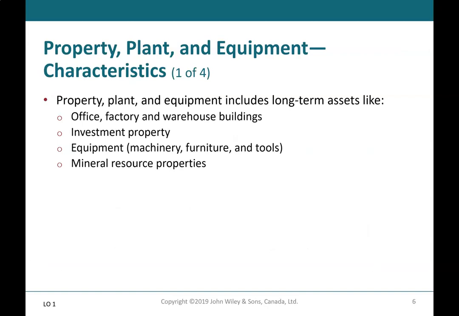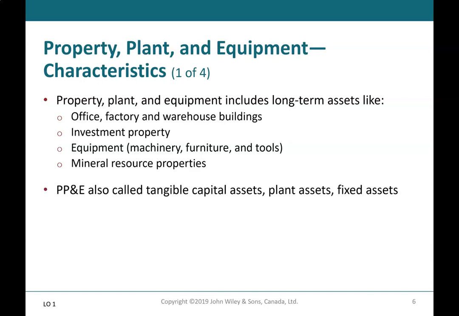Property, plant, and equipment characteristics, 1 of 4. Property, plant, and equipment includes long-term assets like office, factory, and warehouse buildings, investment property, equipment, machinery, furniture, and tools, and mineral resource properties.